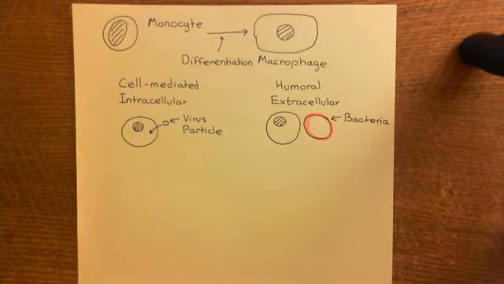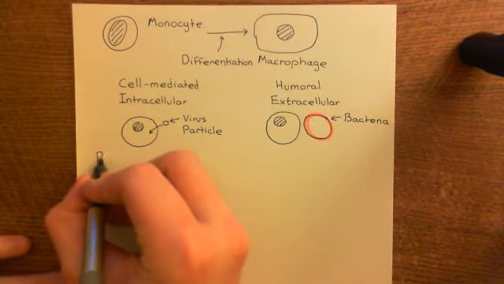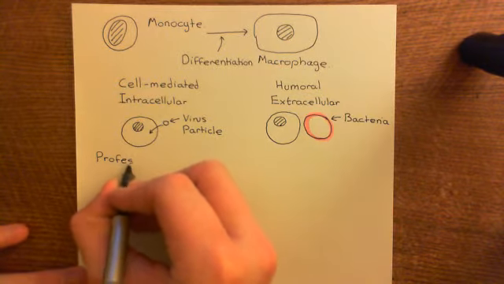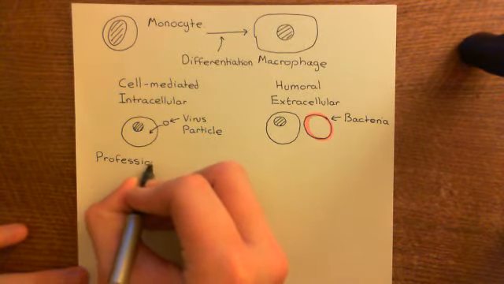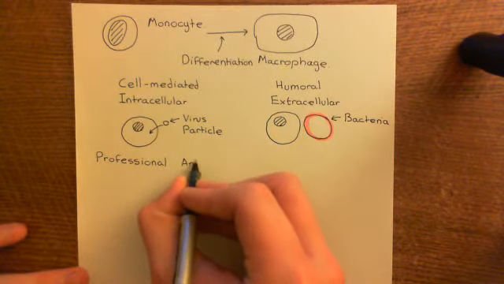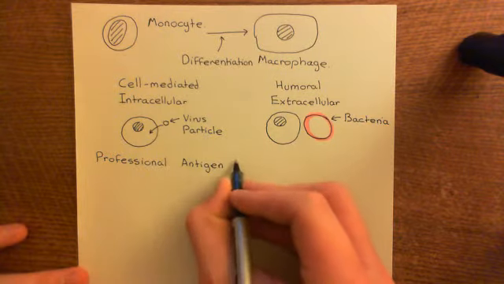Okay, right. So let's begin with how you initiate the adaptive immune system then. It starts off with a professional antigen presenting cell. So let me explain what a professional antigen presenting cell is. The main two types are macrophages and dendritic cells, and I should have said those the other way around.